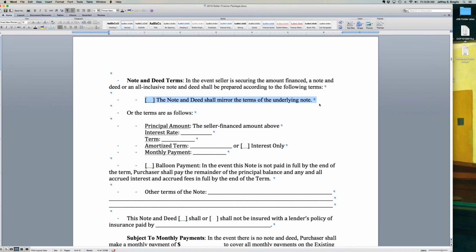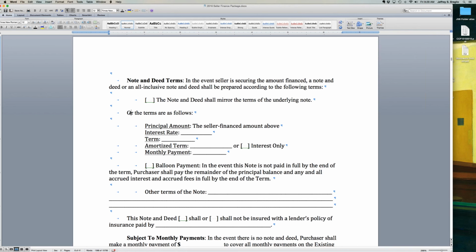So you can just check that box and then get a copy of the terms of the note, which you can get off the mortgage statement or the note itself. And it's best if you can go to the actual note and get a copy of it from your seller. But if not, you can get a lot of it from the mortgage statement. And then they will create a new note and deed with the exact same terms.